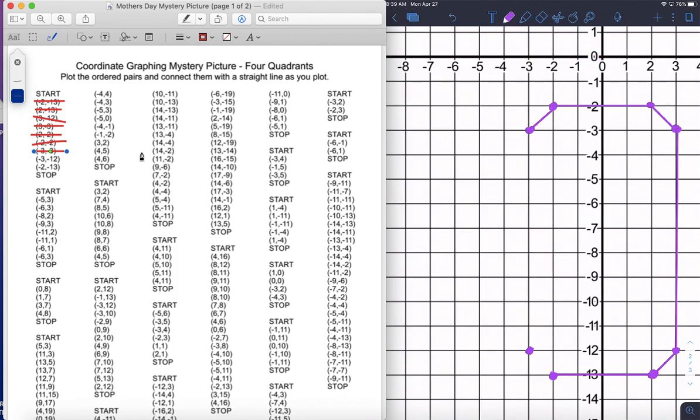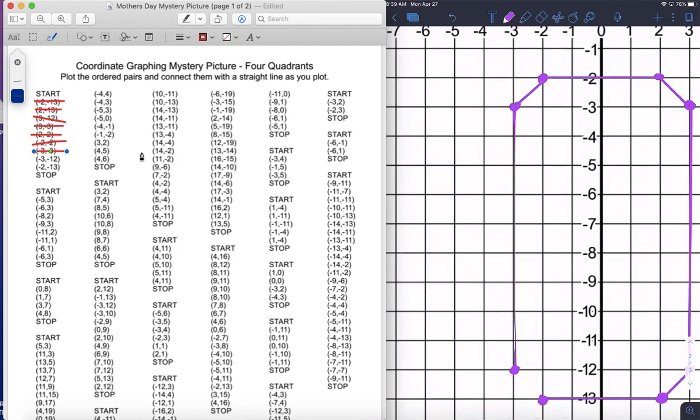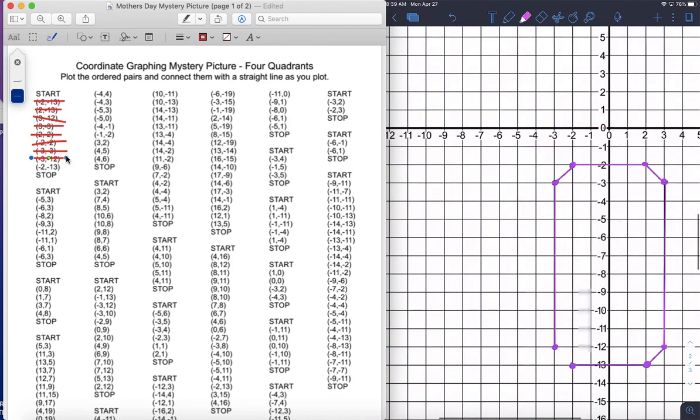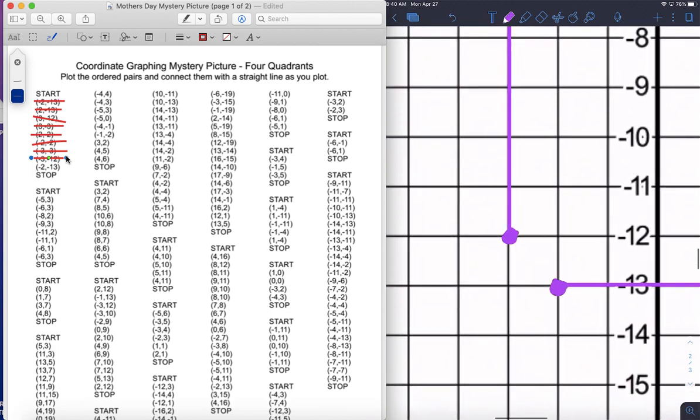Again, deleting that and then connecting. And then the last one is -2, -13. So if we look, we have -2, -13, and that actually brings us back to the point we did first. So I don't have to draw another line. What I'm going to do then is just connect it.